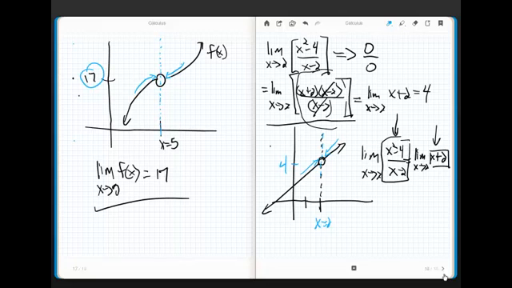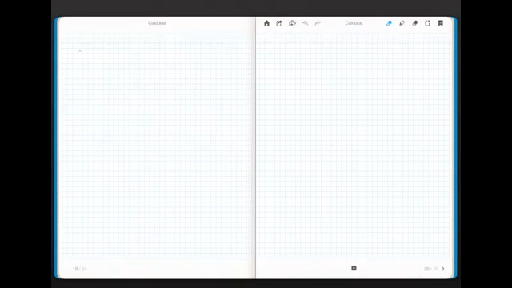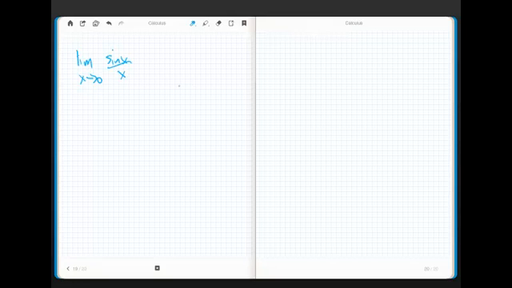All right, now the question is, what if I can't look at a graph? All right, what if I've got something like the limit as x approaches 0 of sine x over x? All right, now let's say that just for giggles that I don't know what this graph looks like. I have no idea what this graph looks like.